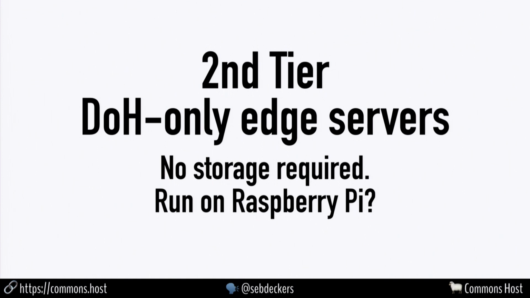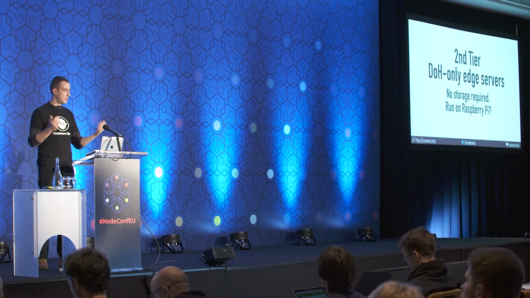That could enable us to build a second tier of the CDN, which would be servers that don't have storage. It would be pure Raspberry Pi type of devices, so you all have something like that in your drawer collecting dust, because after the blinking LEDs, it's not that fun anymore. So you could run a DoH server on there and help people in your town on your ISP to build a large DoH network that is public and uncensored for everyone in the world.